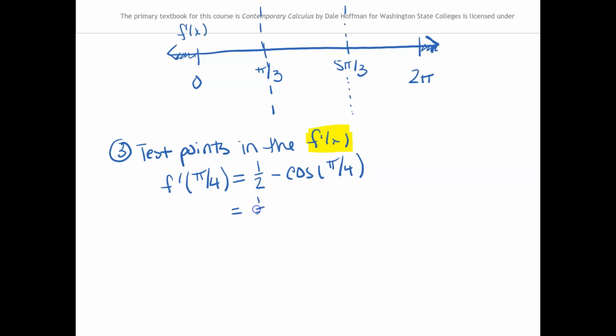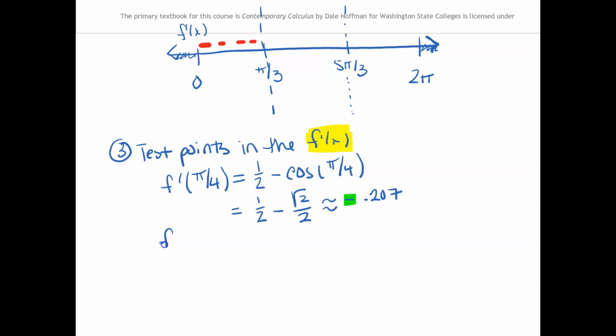And so then that gives me 1/2 minus the square root of 2 over 2, which is roughly just negative 0.207. And I'm okay with just grabbing that decimal because, again, I'm not concerned with the 0.207. I'm concerned with this negative right here. So that means that between 0 and pi over 3, that's going to be a negative slope.